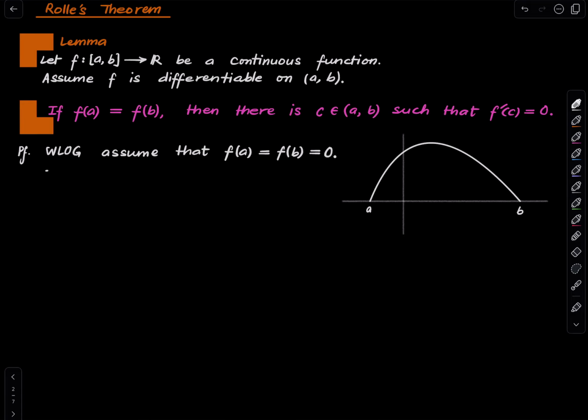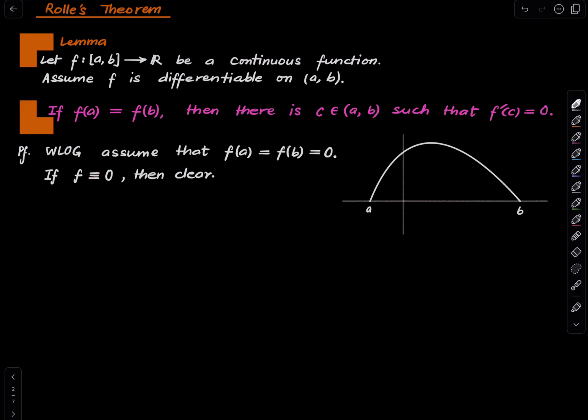Now, if f is the constant function 0, then clearly we are done. Why are we done? Because then everywhere inside the derivative would be 0. The constant function has derivative identically 0. So if this were the case, then we were done.